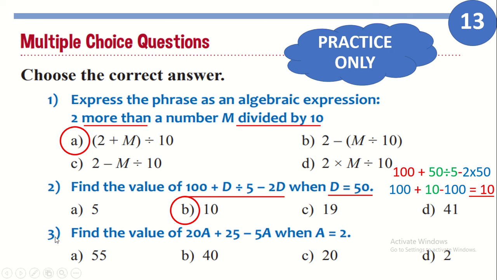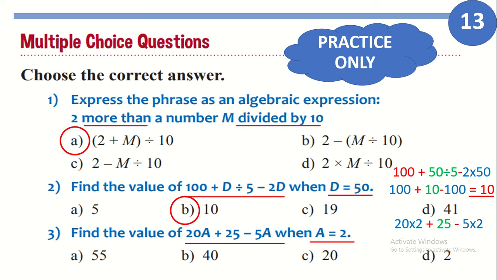Next is number 3. Find the value of 20 times A plus 25 minus 5 times A when A is equal to 2. This expression, and then you replace A is 2. Look at my solution. 20 times 2 for A plus 25 minus 5 times 2 for A. I told you multiplication first or division.